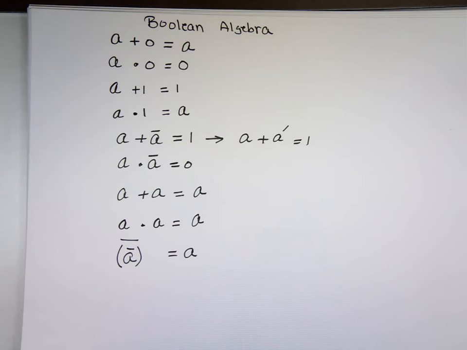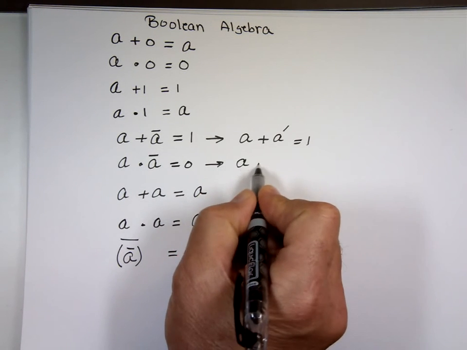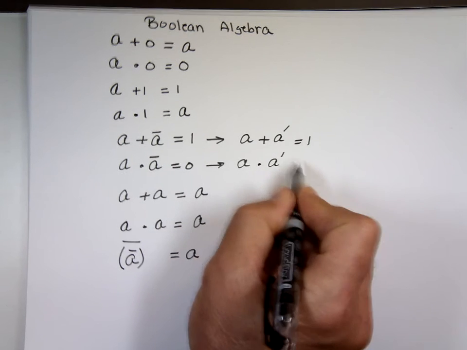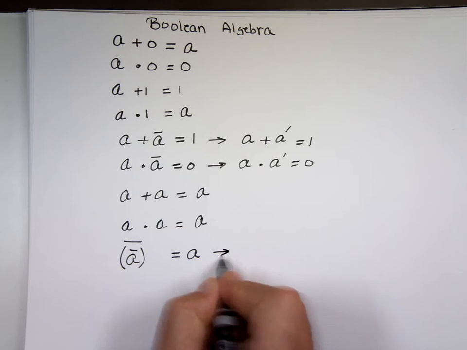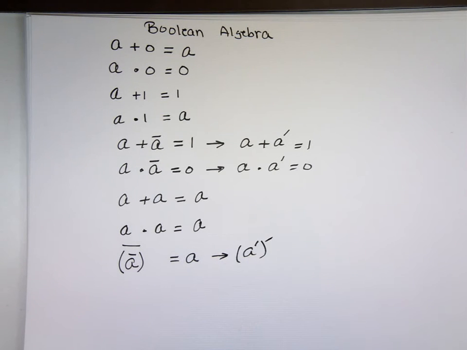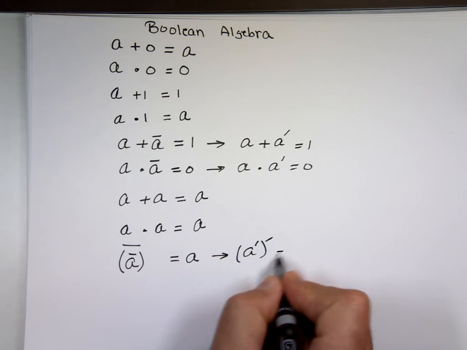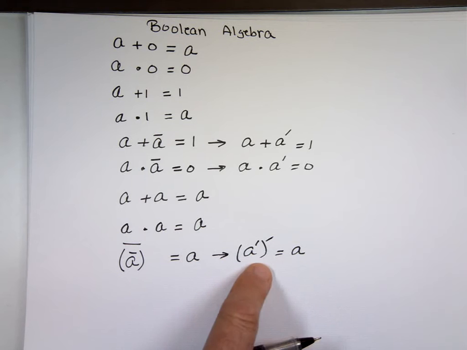Otherwise, to put a line over is not that easy. So that's what most books will use. So this one will be A NOT, the whole thing NOTed, so they write it like this, and that's A. That's what it means. I write them like this, but when you type them, you can't really type them like that.